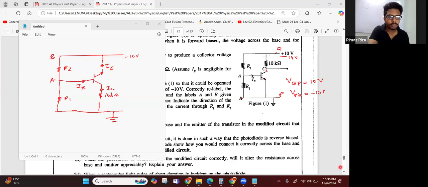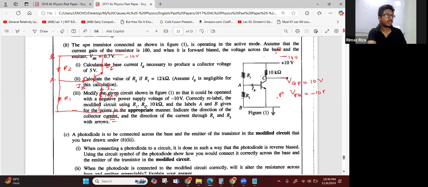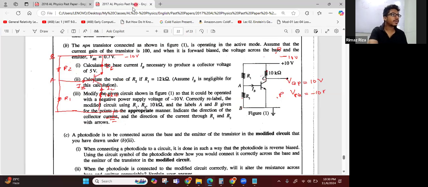Don't know whether this one has a marking scheme. Mm, 2017, no, this paper, 2017.